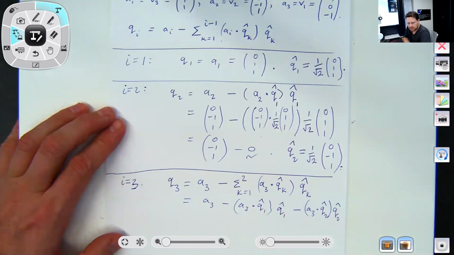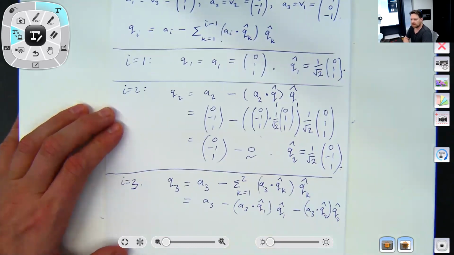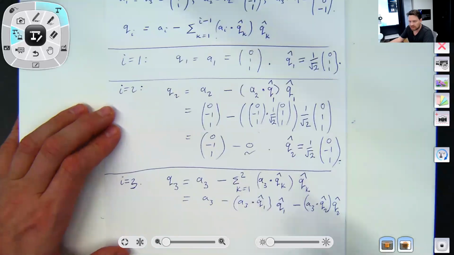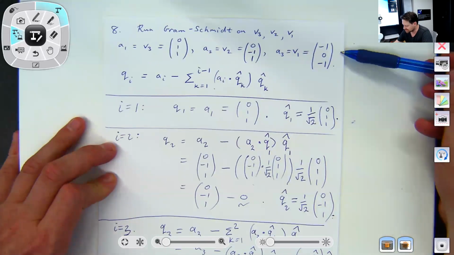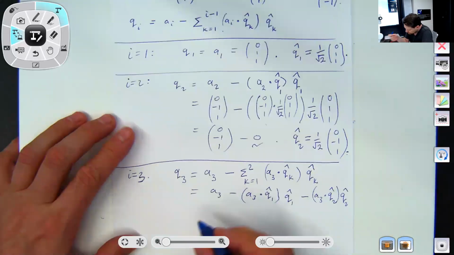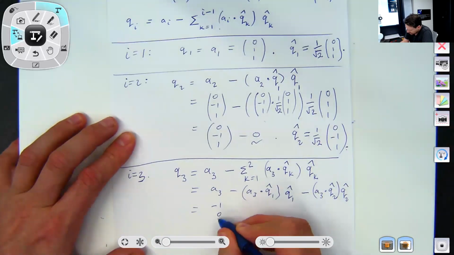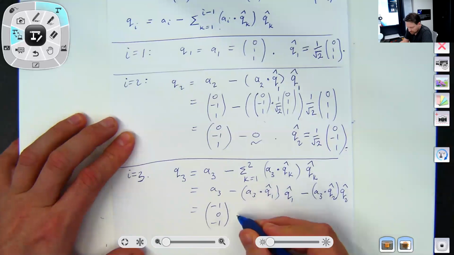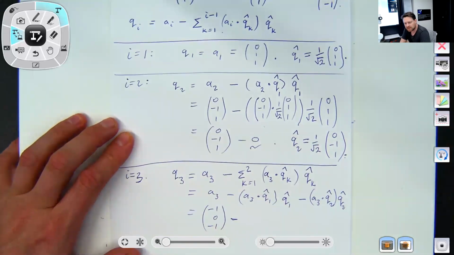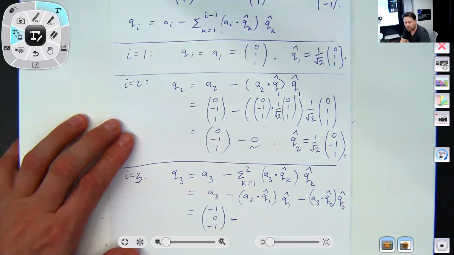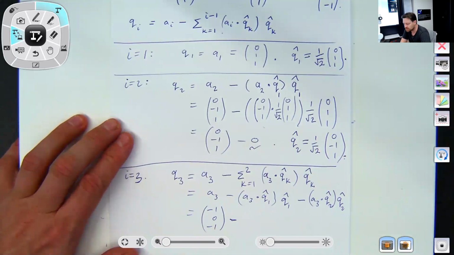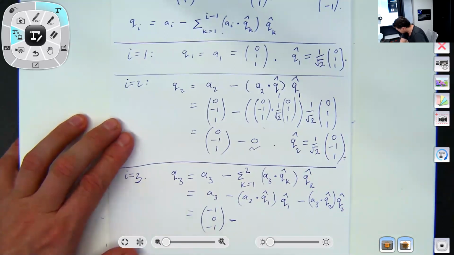Good. Now I can sub things in and calculate. So A3, we have it right up here, minus 1, 0, minus 1. So I'll put that in, minus 1, 0, minus 1. And then I wonder, is it a bit risky maybe to calculate the dot products in our head to save some writing? I don't know, let's see.